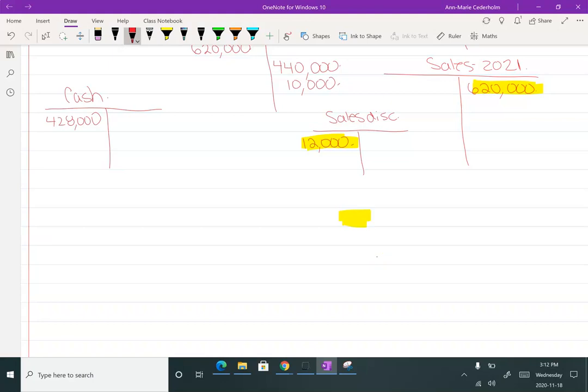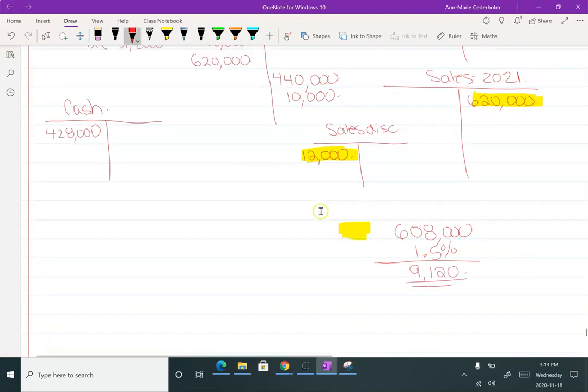So 620 minus 12,000, and we didn't have any returns, so that's okay. So I have 608, and we're going to do 1.5% of that one. So that gives me 9120. So that's what I'm going to record as bad debt expense.